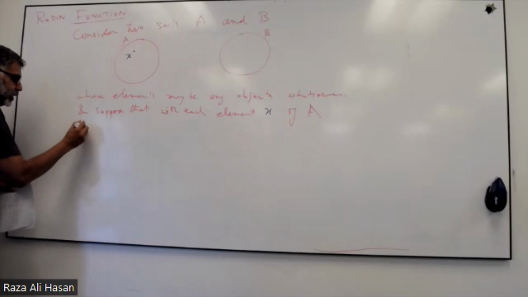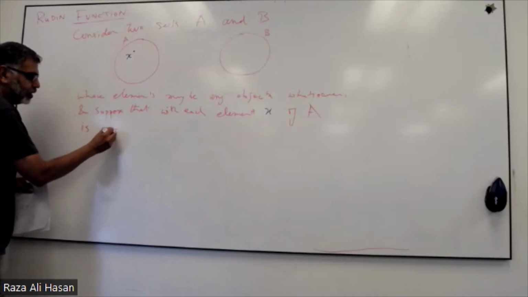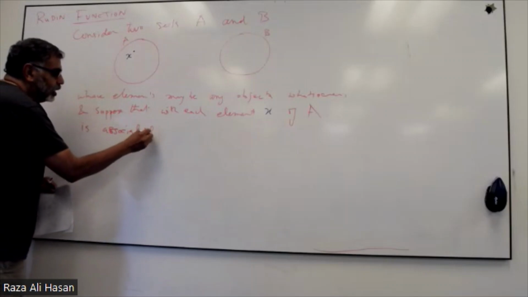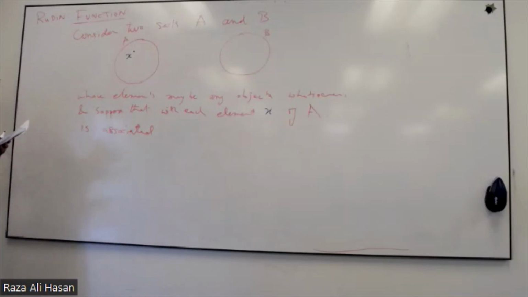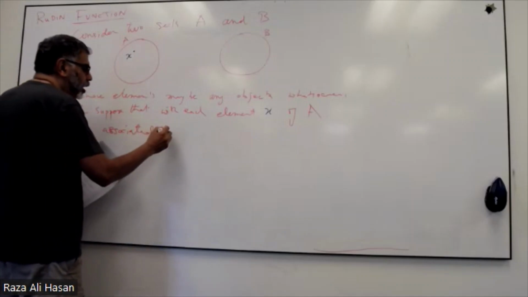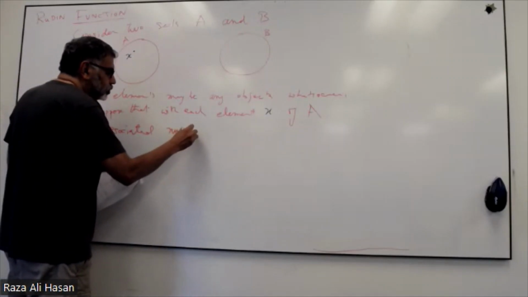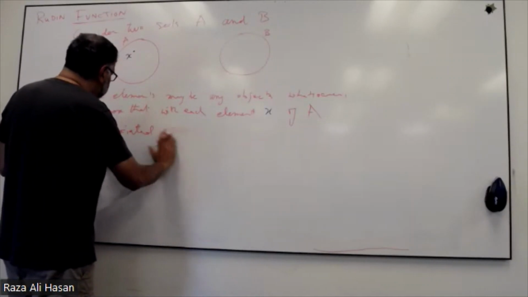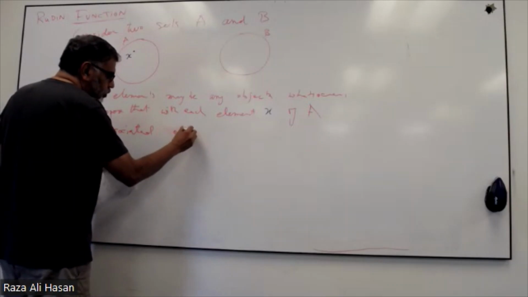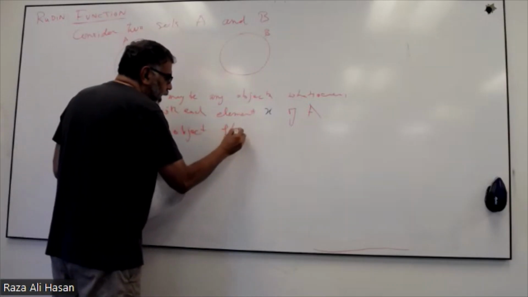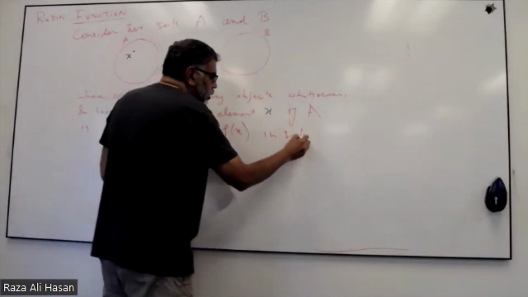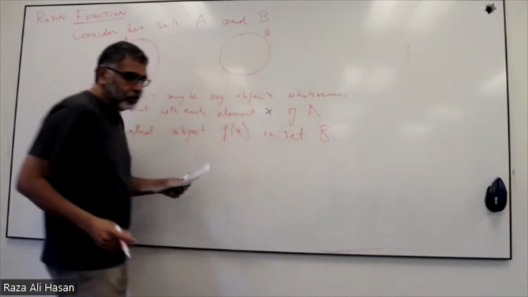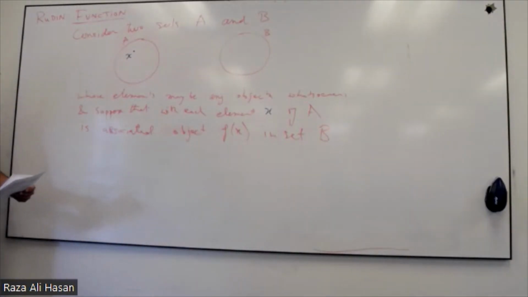Is associated, I think that's what the book says, a number or object f of x in set B. Somehow I did not write that down.